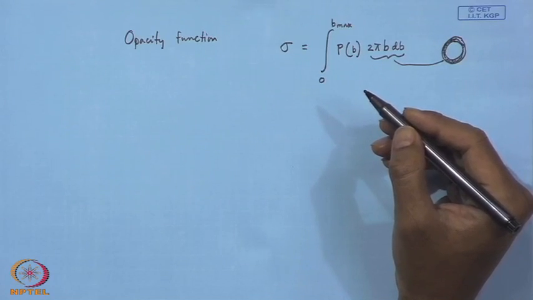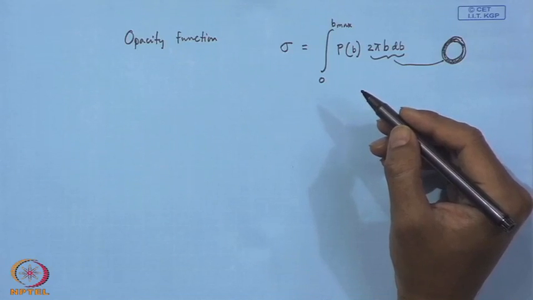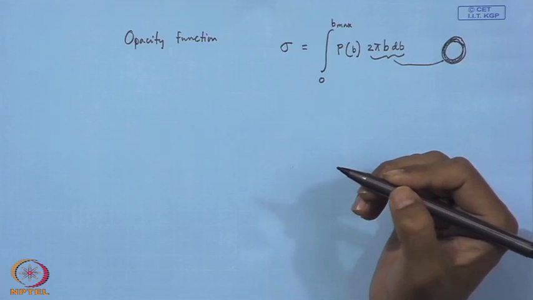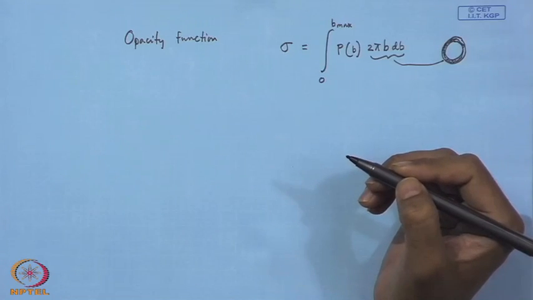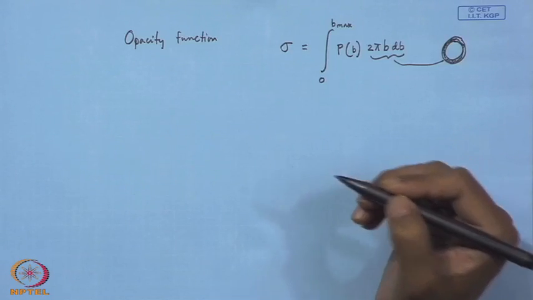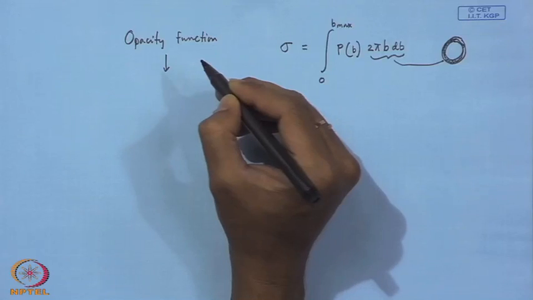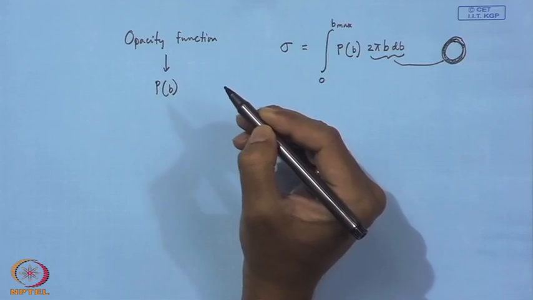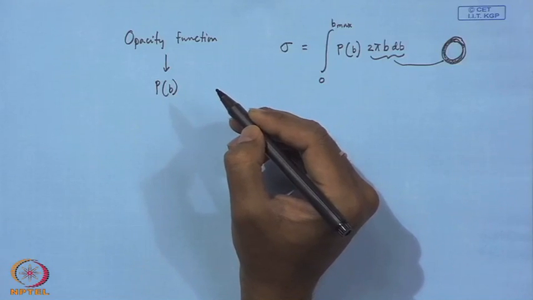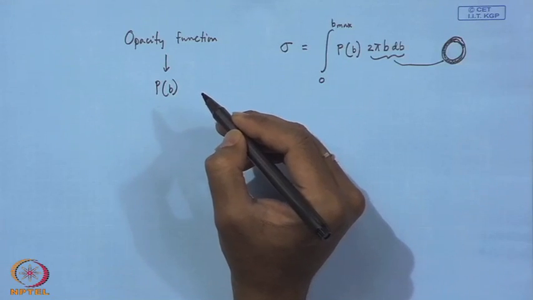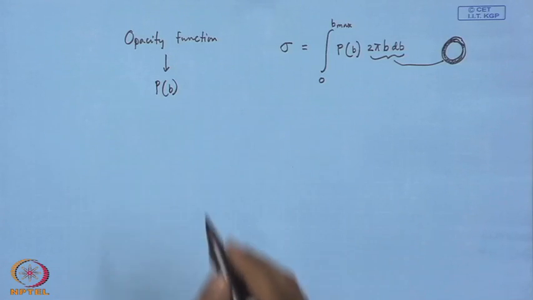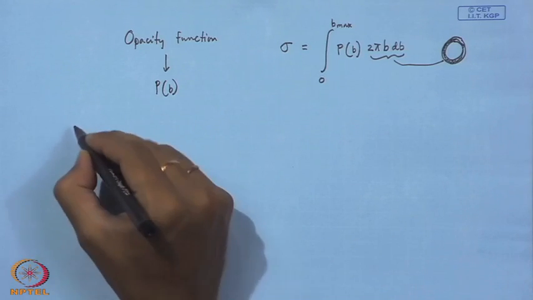And as the reactants collide at a given energy, when there is a collision, we characterize the initial approach in terms of the impact parameter, and we define it in terms of this opacity function, P(b). It is the fraction of the collisions with impact parameter b that leads to chemical reaction. And this opacity function has two properties.